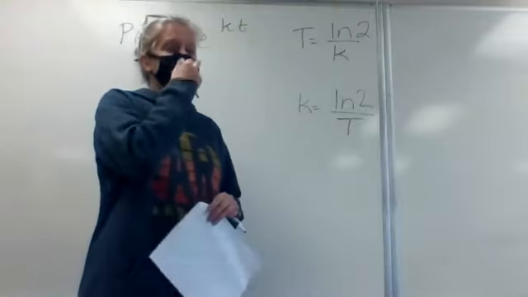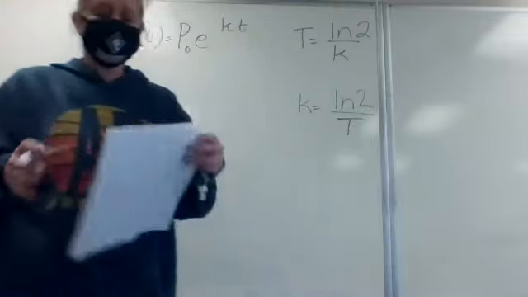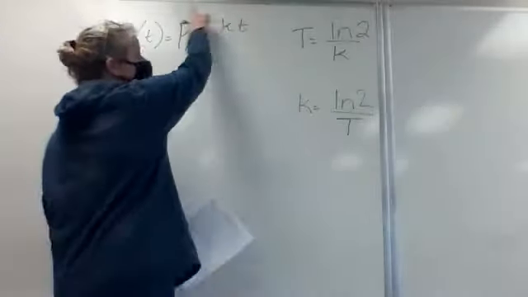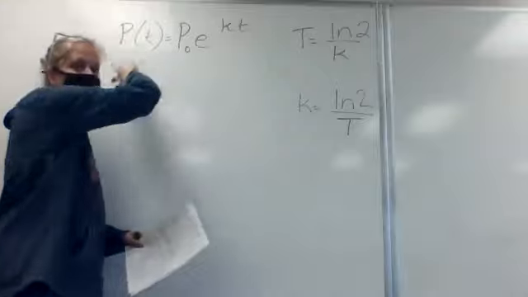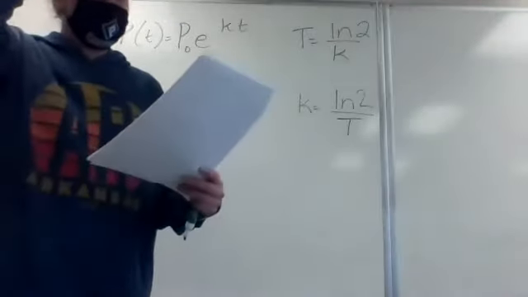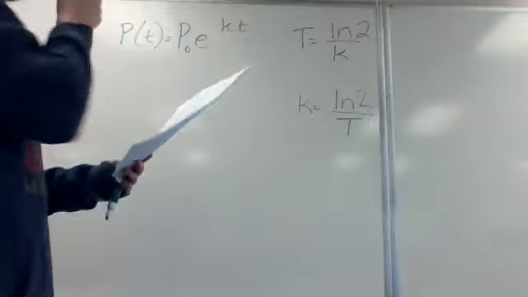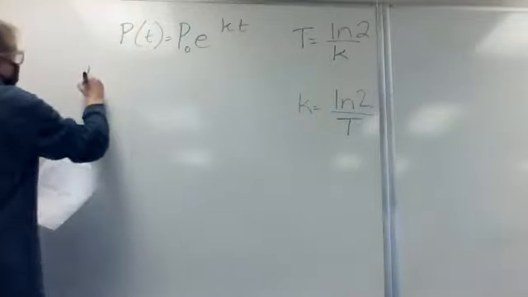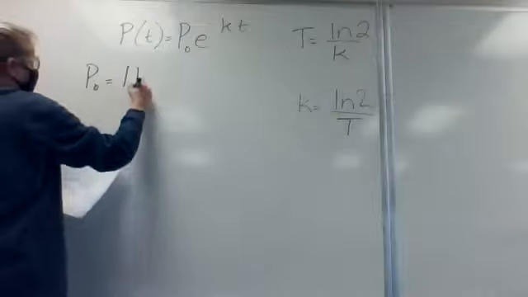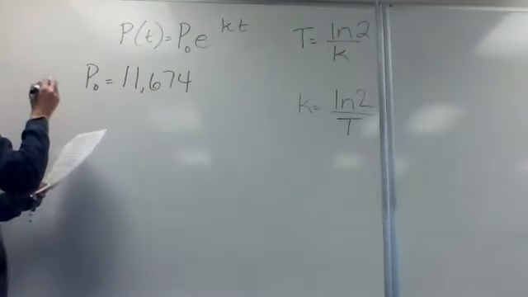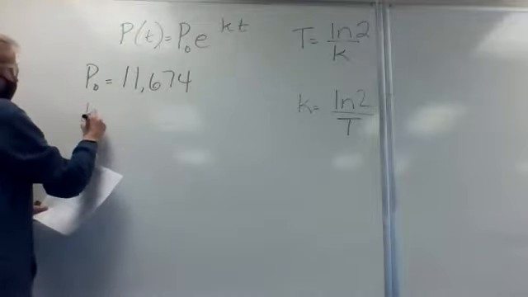This is talking about compounding continuously. If it's compounded continuously, this is the formula that you use instead of the other one. This says, suppose that you invested $11,674. That's going to be your beginning amount, at an interest rate of 5.8% per year.